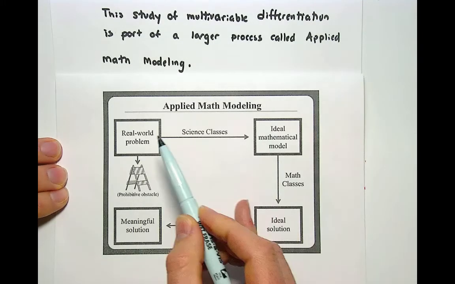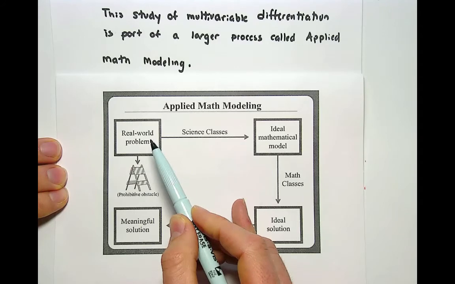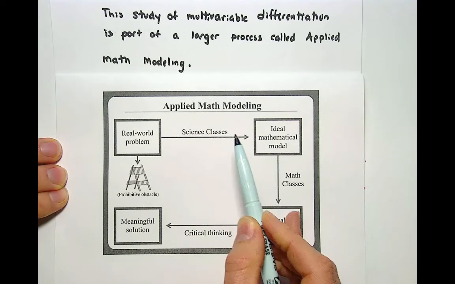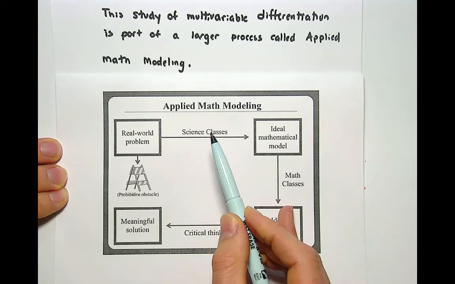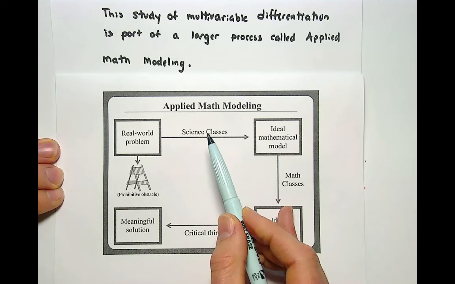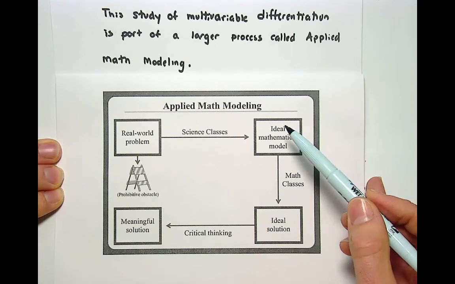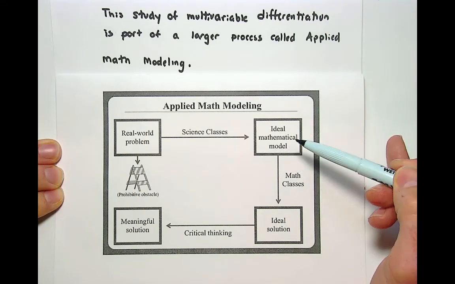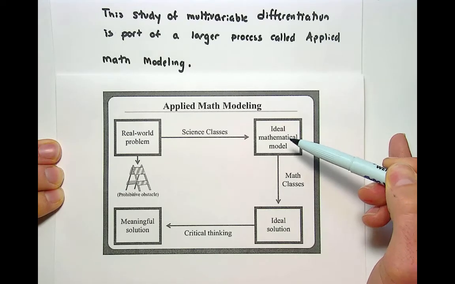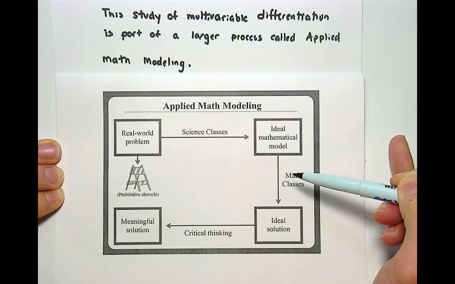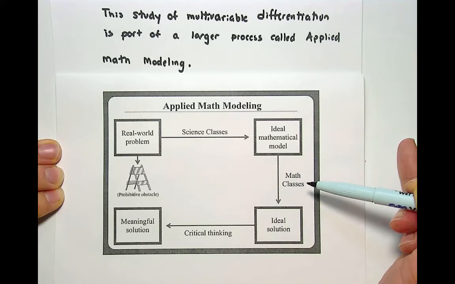Every single one of the simplifications to go from the real world problem to an ideal math model is going to be based on your understanding of how the particular components of the problem work, which hopefully is based on scientific study of the components themselves. Once you have an ideal mathematical model, the whole idea in math class is to say, okay, let's take the individual mathematical components of this model, analyze them, use the knowledge that we have from math class, and produce an ideal solution.